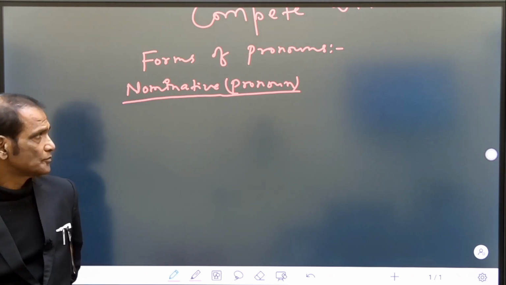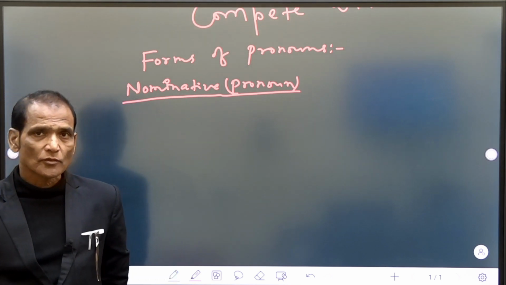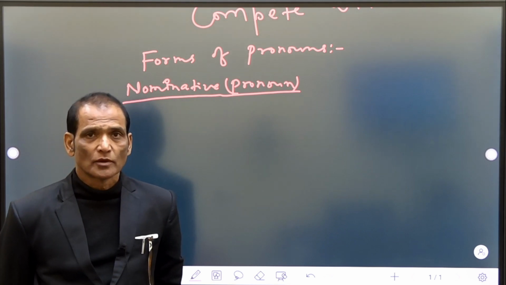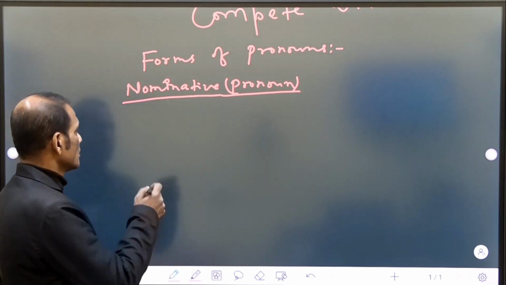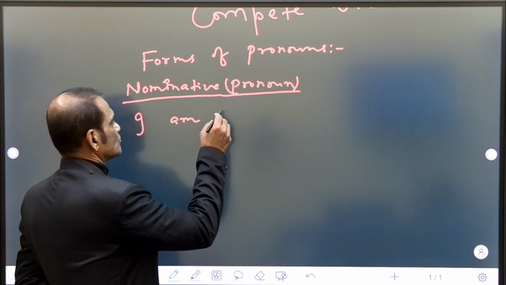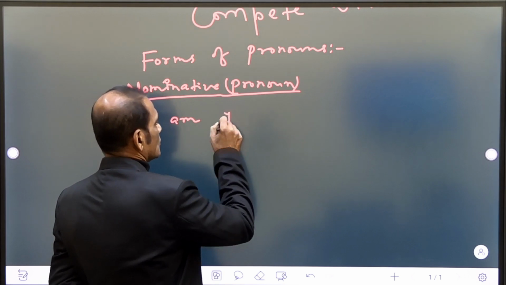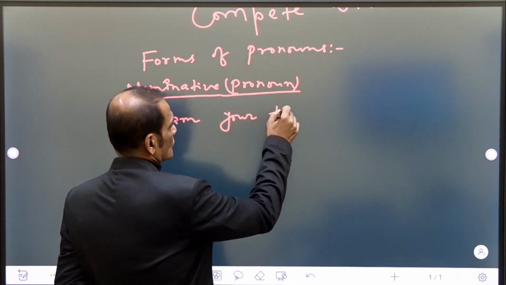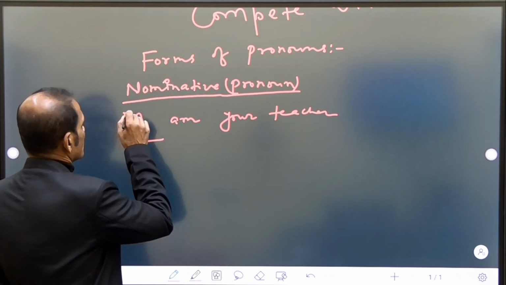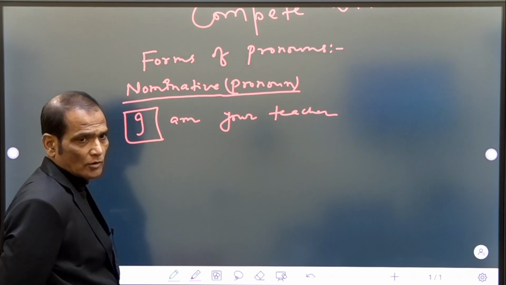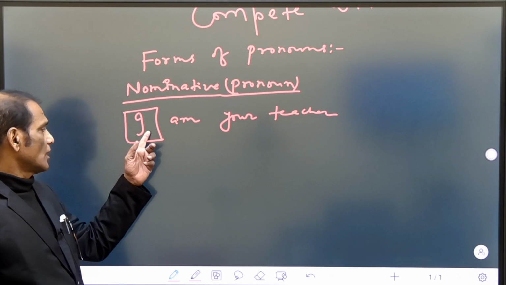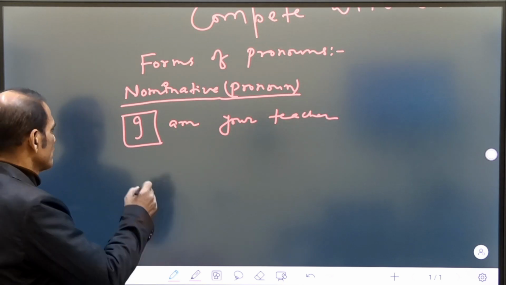It is the form of pronoun that is used to nominate, to point out somebody or something. For example, I am your teacher. Here I is the nominative form of pronoun because it is used to nominate me. So I is the nominative form.